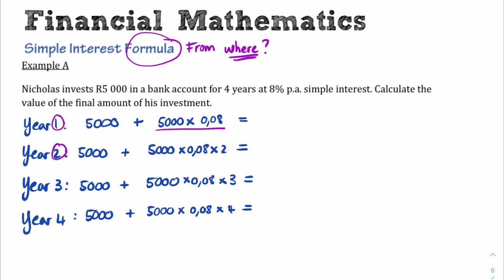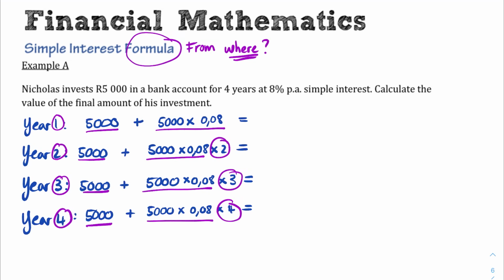Start to notice when it comes to having a formula, what's changing and what's staying the same. Every year we have 5,000 Rand as fixed, and we always have 5,000 times the interest. But what changes every year? Well, it's how many lots of that interest I have. So there's a connection here between how many years it is and how many lots of interest we make.